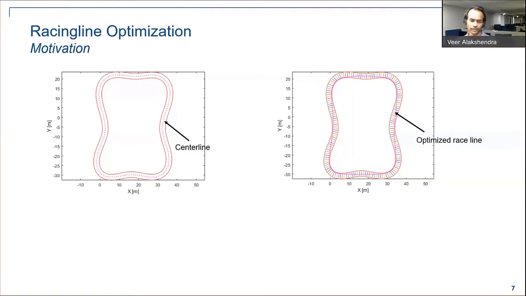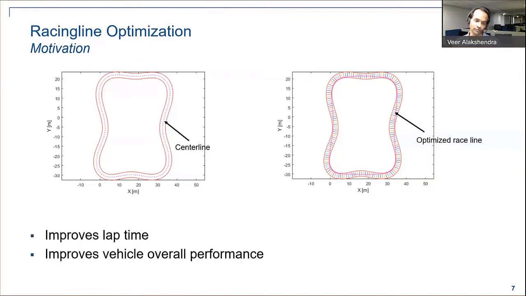So it can have a lot of effects when you're performing vehicle simulations. One is, of course, it will improve the lap time, and overall it will definitely improve the whole vehicle performance.